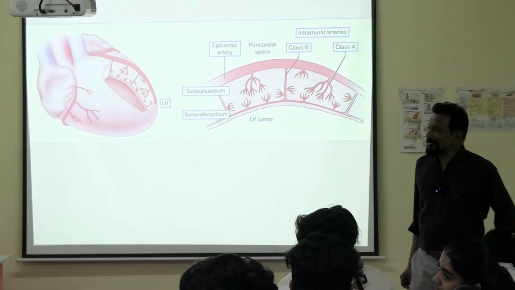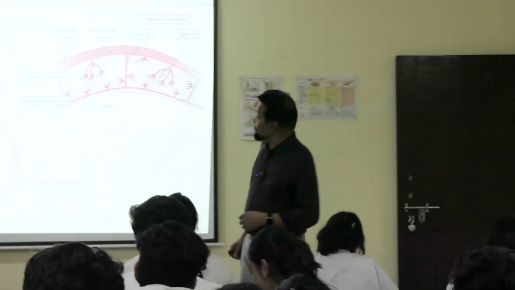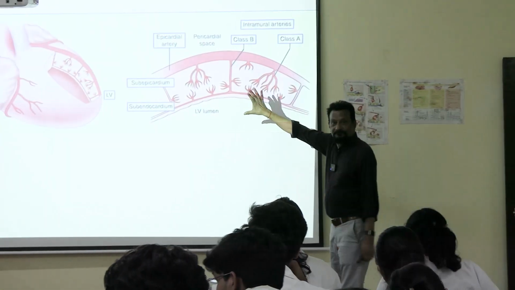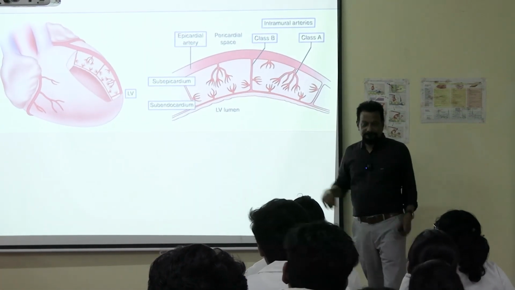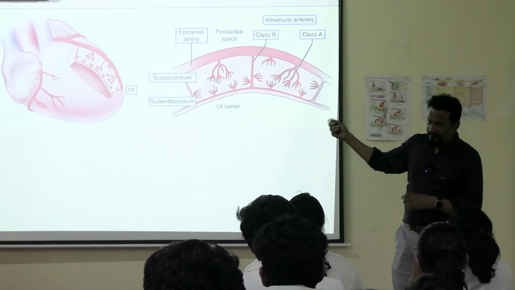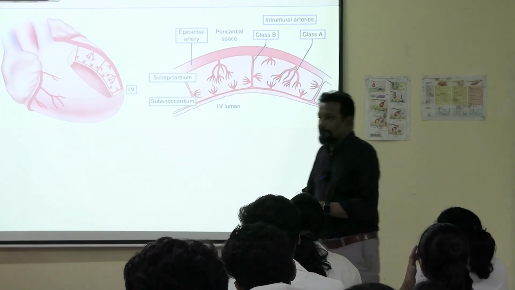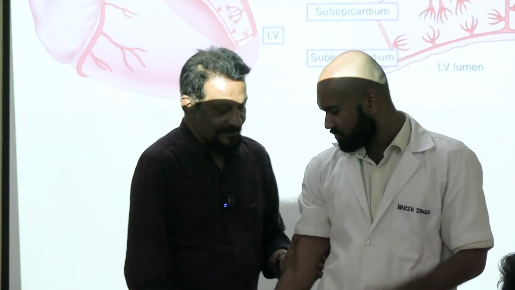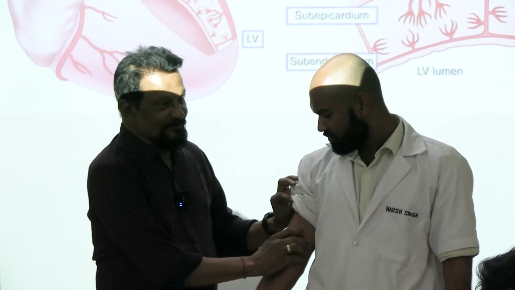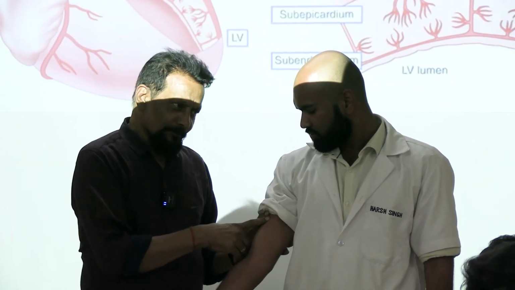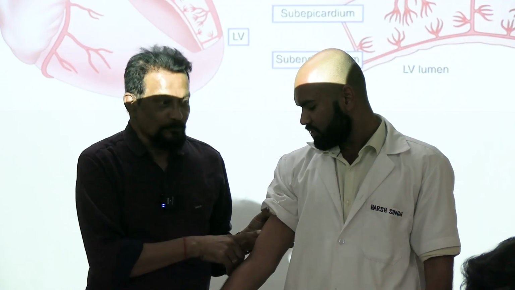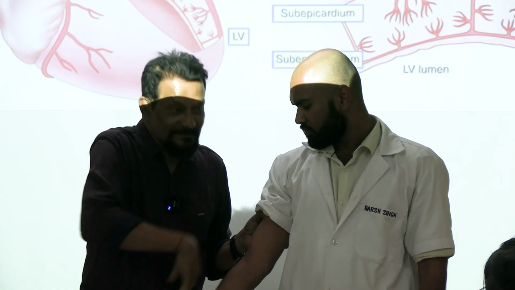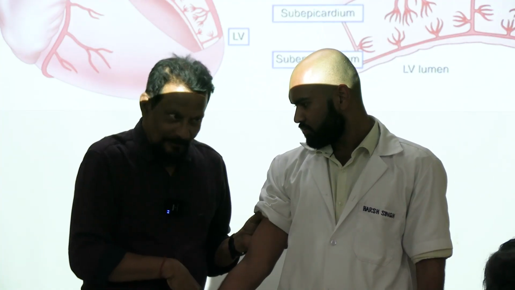Now see another important aspect. This is the wall of the ventricle, wall of the heart. Relax. His biceps is relaxed, and we know this biceps has to get blood supply, oxygen, nutrients. So some vessels are passing through the muscles.